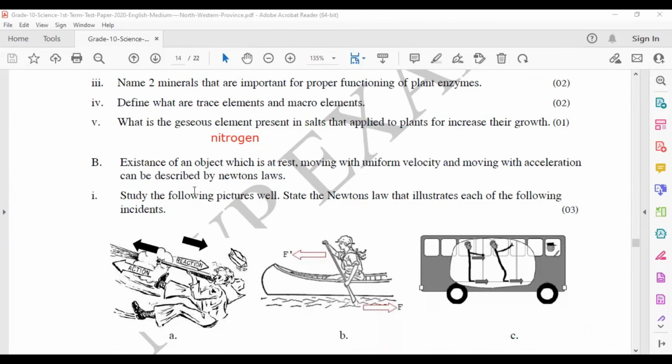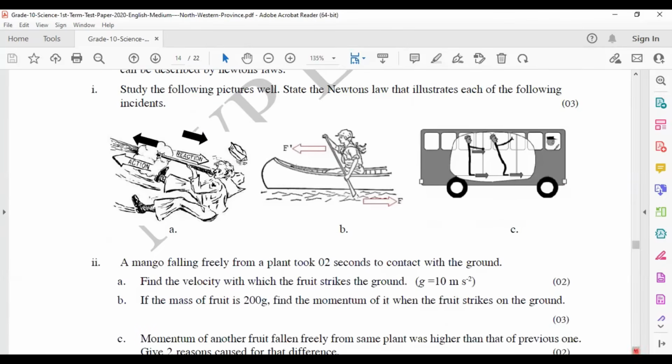Existence of an object which is at rest, moving with uniform velocity and moving with acceleration can be described by Newton's laws. Study the following pictures well. State the Newton's law that illustrates each of the following incidents. A shows you Newton's third law. Every action has a reaction.